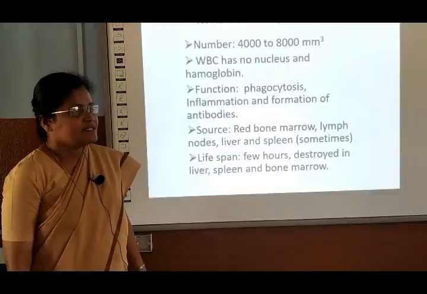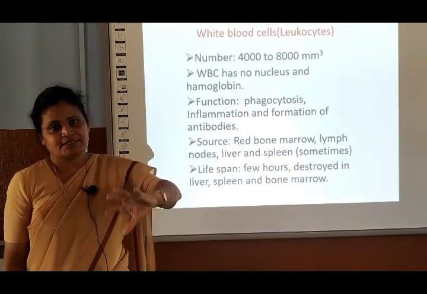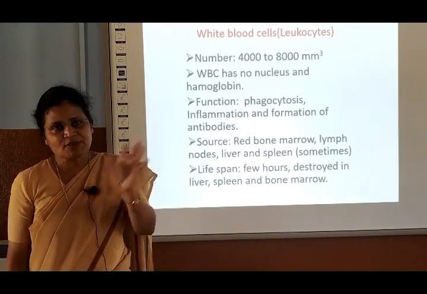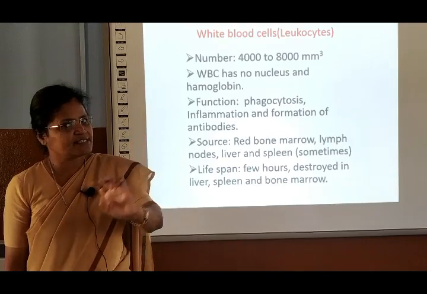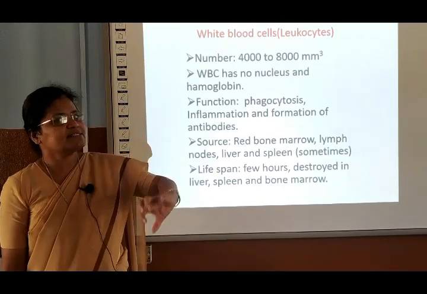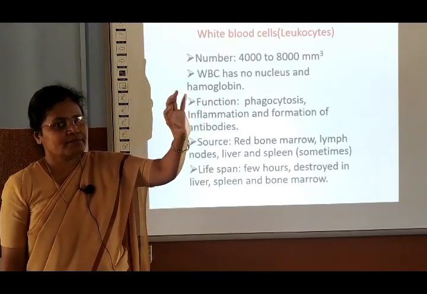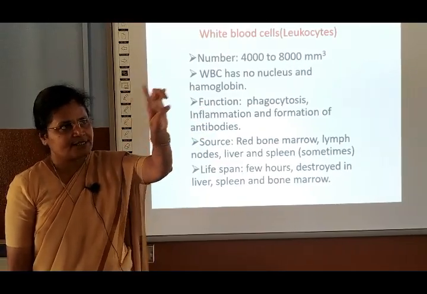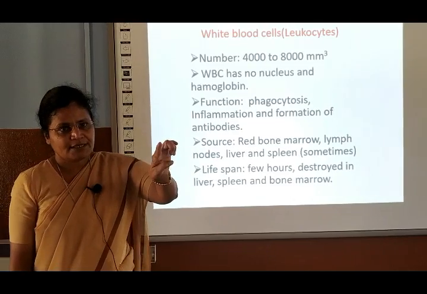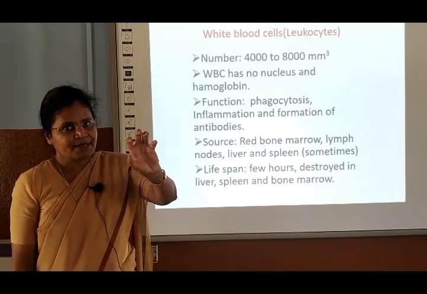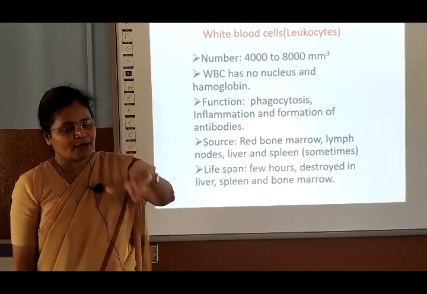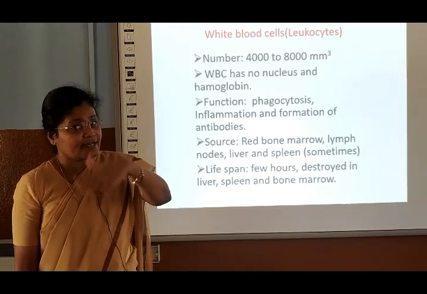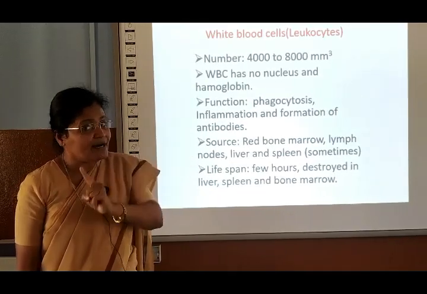Okay. So, we said in the cellular component, that is the blood cells or blood corpuscles, you have RBC, WBC and blood platelets. In RBC we said the shape is biconcave, flat at the center, thick and round at the periphery. Regarding number, in female it is 4.5 million, whereas in male it is 5.4 million per cubic millimeter.